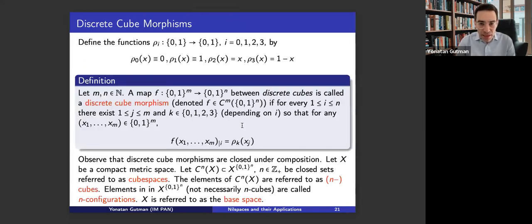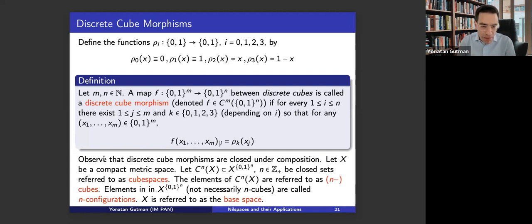So these facts motivate the following general definition. We start by defining something called discrete cube morphisms. First, we define these four functions, rho 0, rho 1, rho 2, and rho 3. You see these are very simple functions. Then we define a discrete cube morphism from a discrete m-dimensional cube to an n-dimensional cube by saying that when you apply f to (x_1, ..., x_m), the i-th coordinate must be some rho_k applied to x_j.